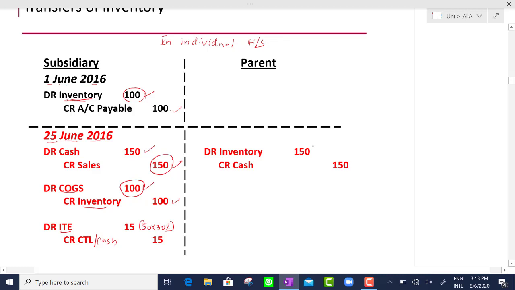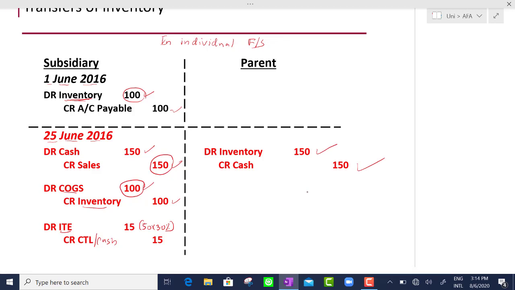So it is the cost to the parent company. Therefore, when the parent company purchases this stock from the subsidiary company, inventory account debit 150, cash account credit 150. This is how the parent company has recorded this purchase from its subsidiary company.